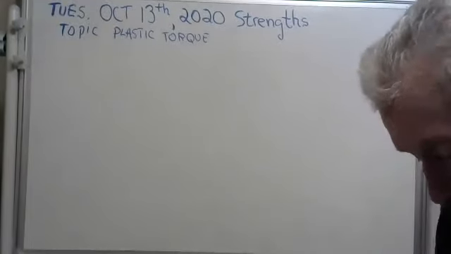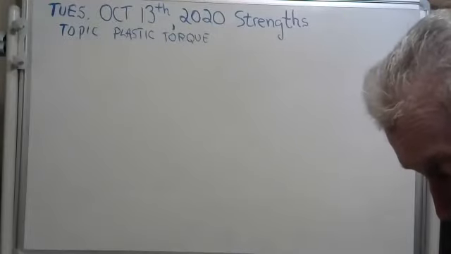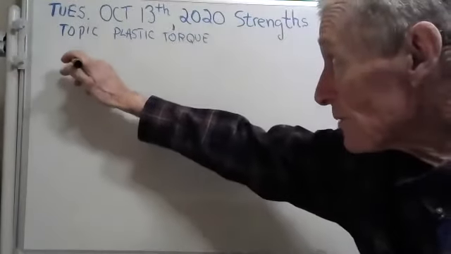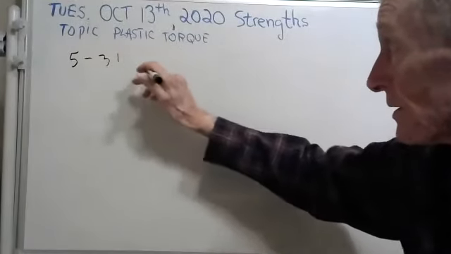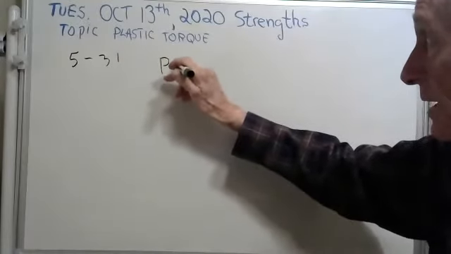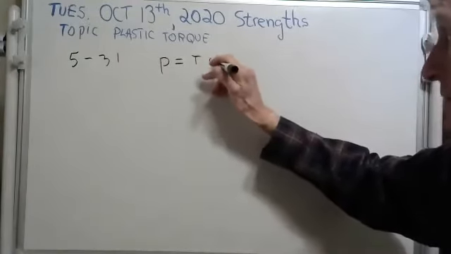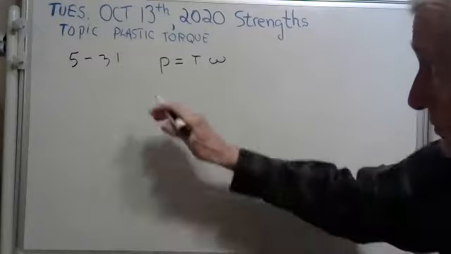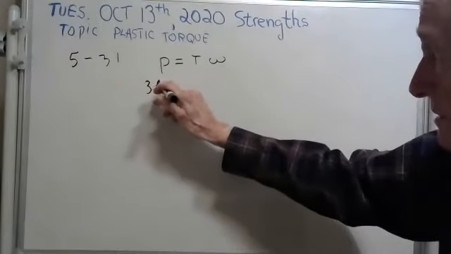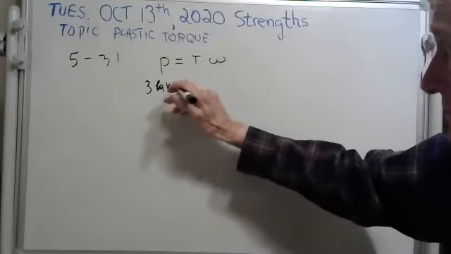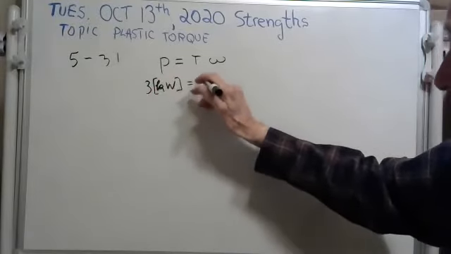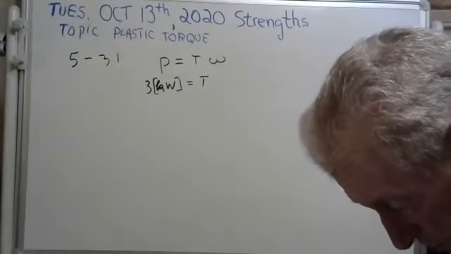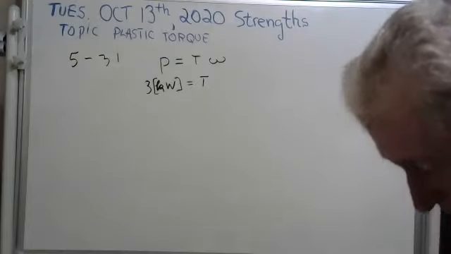Okay. Well, right now we're looking at problem 531, and we have a lovely equation for power that goes like that. If you have 3 kilowatts, and you know the angular velocity, it's 50 revolutions per second.